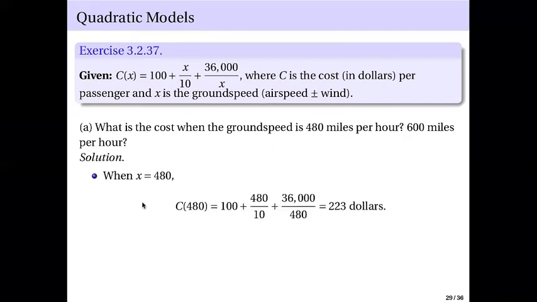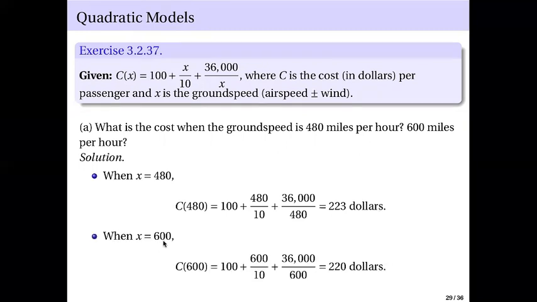When x equals 480, cost is roughly $223. And when x equals 600, cost is roughly $220. Questions?